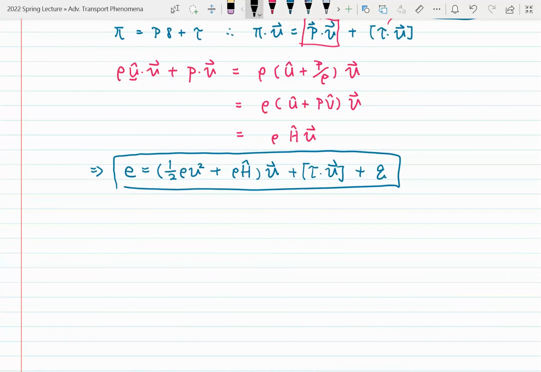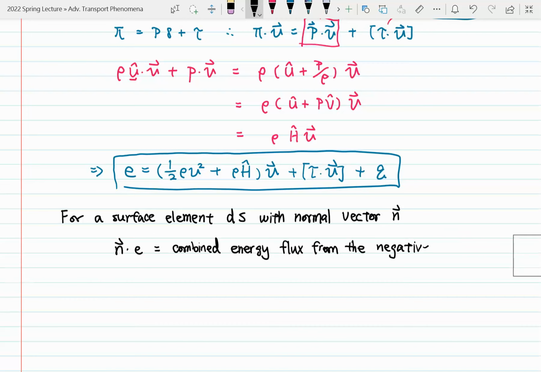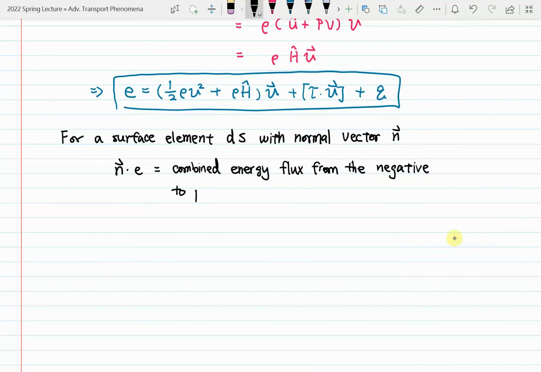Okay, so if you have a surface element dS with normal vector n, the dot product between n and the combined energy flux vector is the combined energy flux from the negative to positive side.